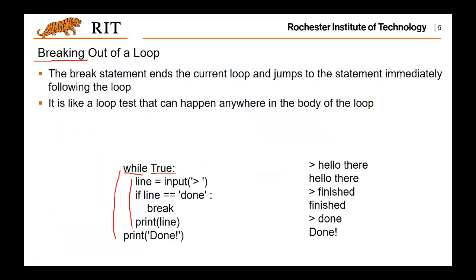And because you are setting a true here, that means it is always satisfied. And then this line is asking for input from the user, and you could input anything, right?